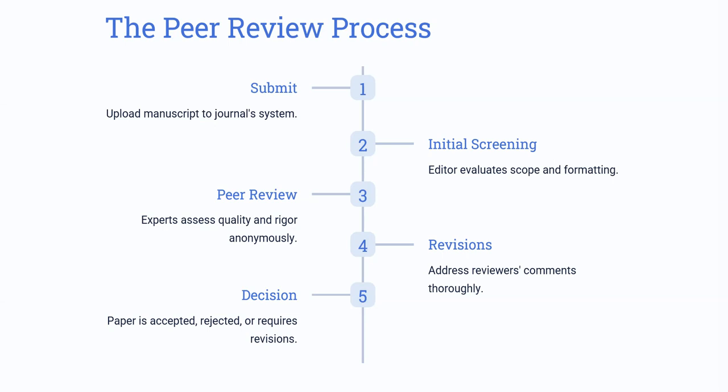From this point the editor can reject your paper. But if it is accepted by the editor after the initial review, that means your paper fits this journal based on its aim and objective, not on quality.